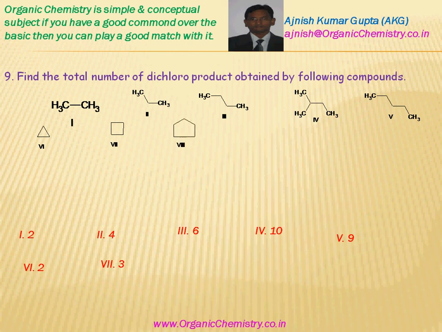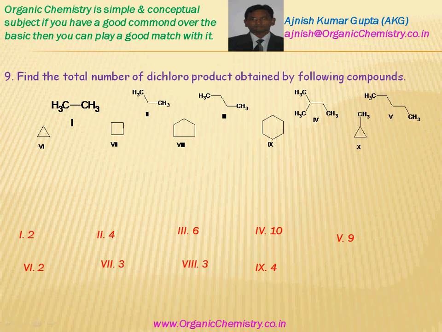For cyclopentane, the answer is 3. That is 1,1, 1,2 and 1,3, because this position is again 3. But in case of cyclohexane, the answer is 4, because 1,1, 1,2, 1,3 and 1,4. These two positions are the same.